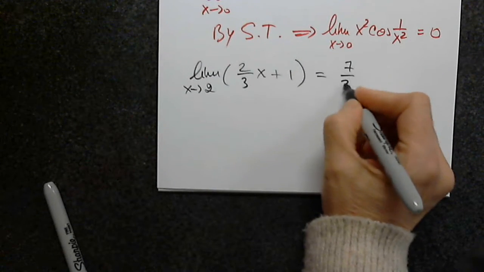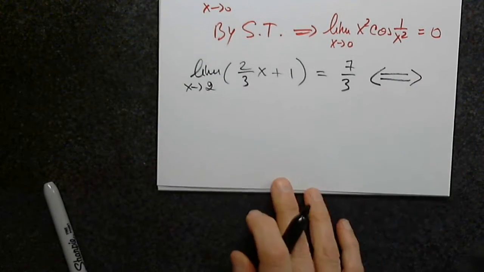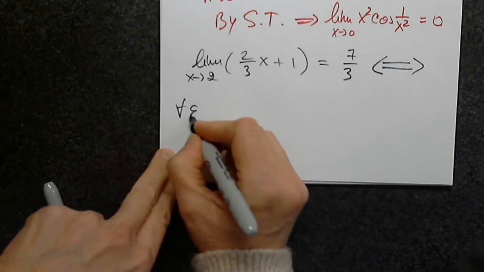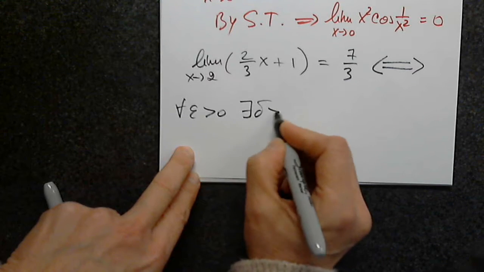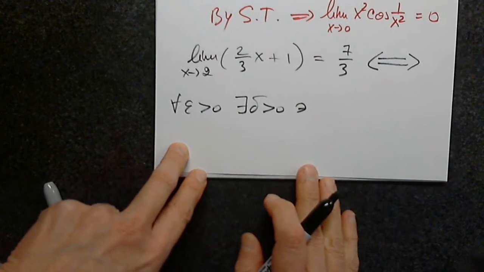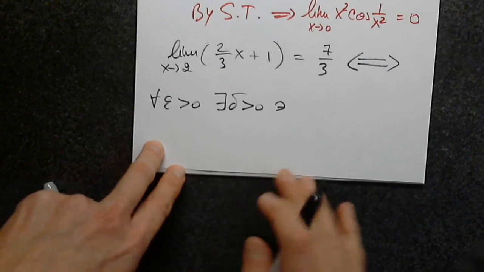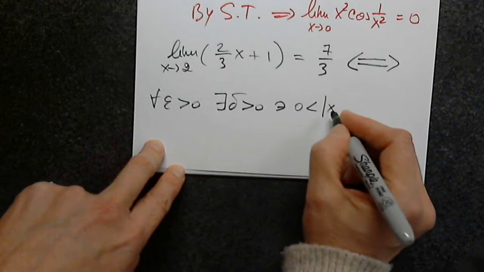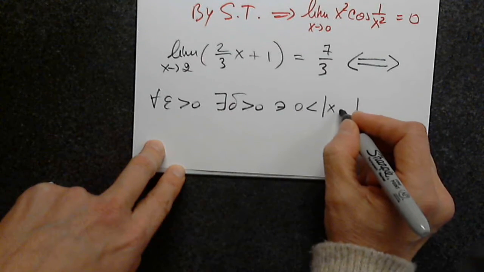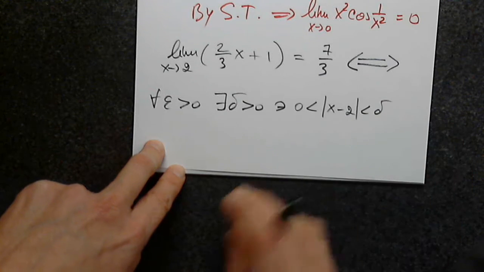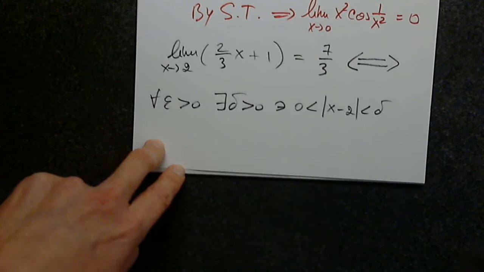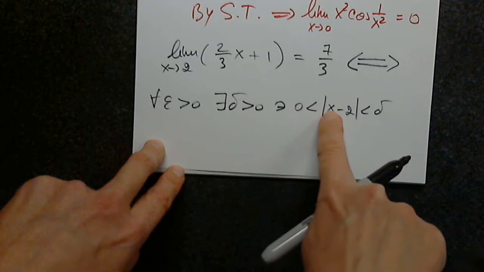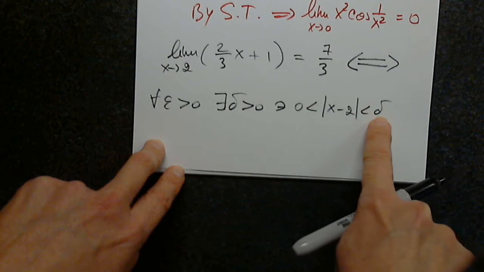Excellent. So this is equivalent to saying that for every epsilon greater than 0, I will find a delta greater than 0 such that whenever I pick a number close enough to 2, how close?